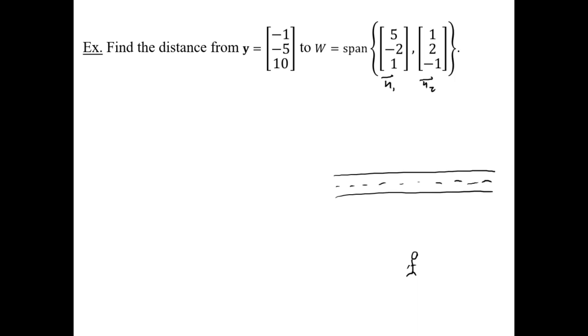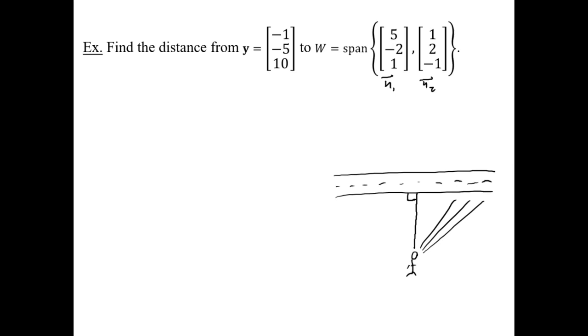Your question is, what is the distance from you to that street? Well, do you mean this distance or this distance or this distance? When we find the distance to a line or a plane or a subspace, the distance is always the shortest distance. And the shortest distance is this perpendicular distance.